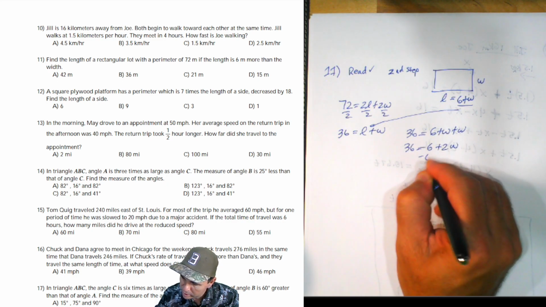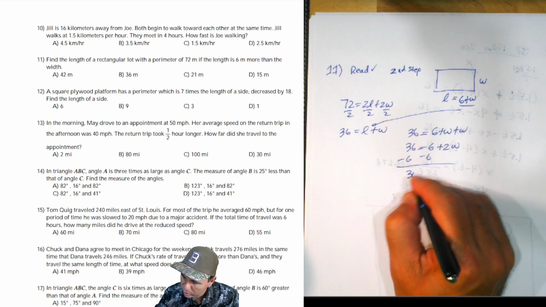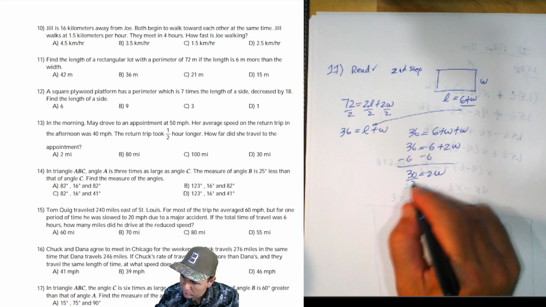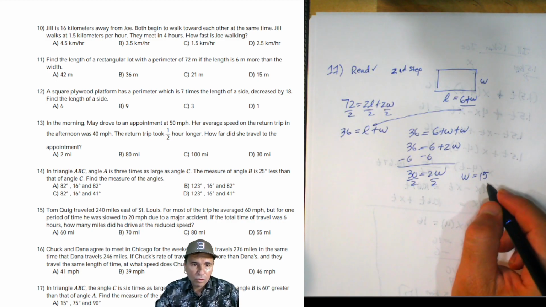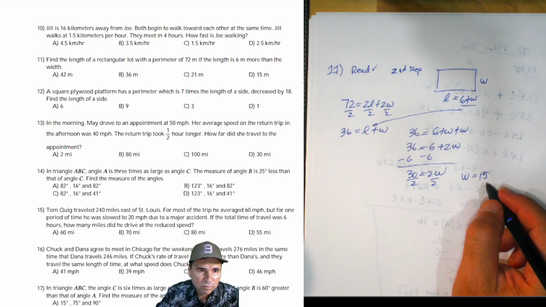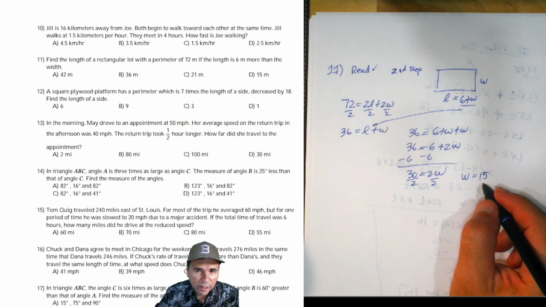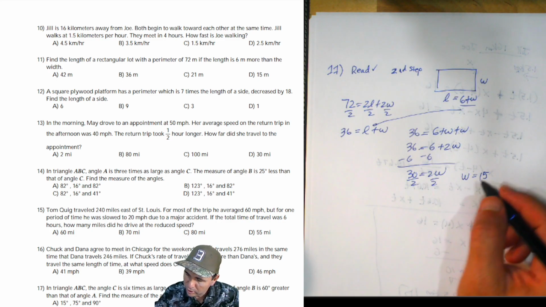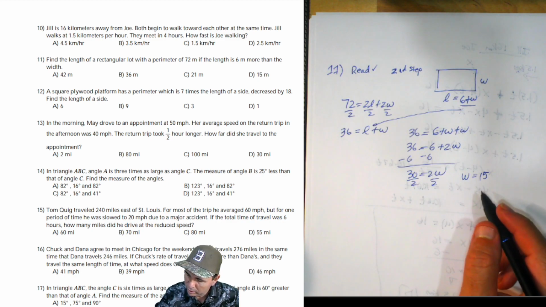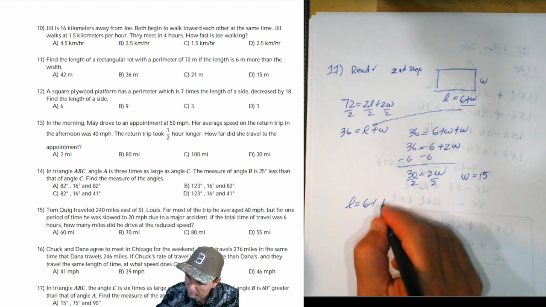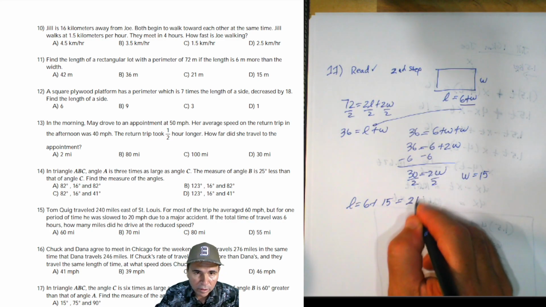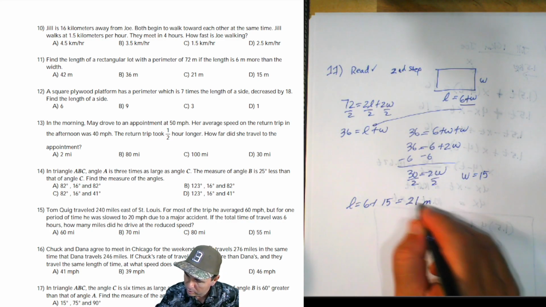We're going to subtract 6. 30 is equal to 2W. So divide by 2, divide by 2. W is 15. So find the length. The length would actually be 6 more than the width. So the length is 6 plus 15, which gives me 21 meters.